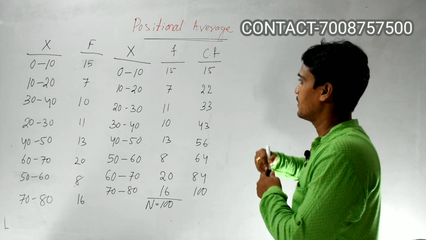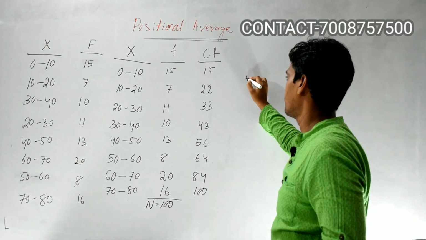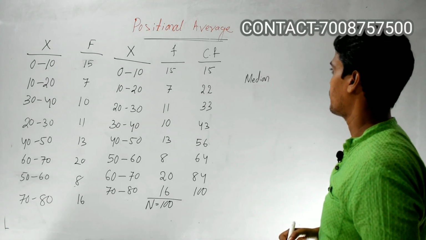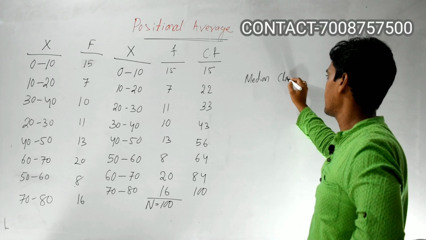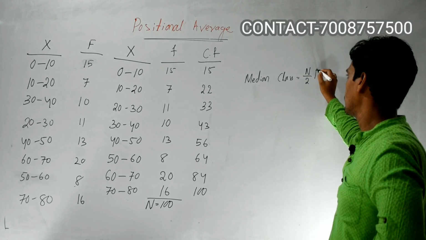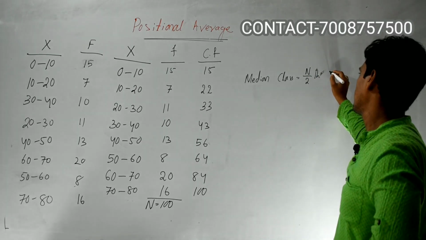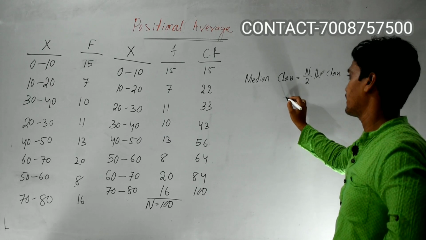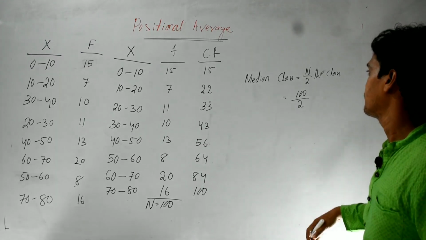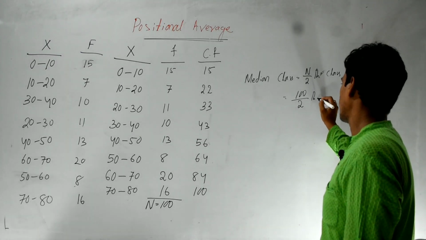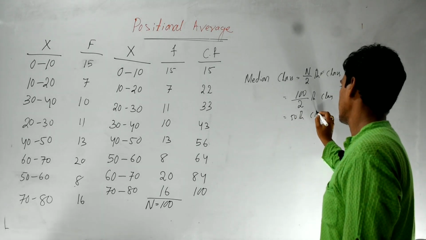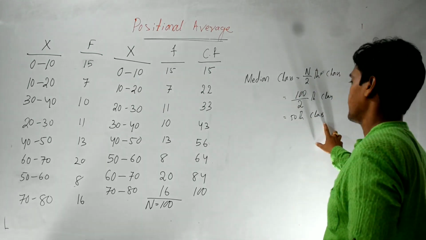If we have to calculate the median, then we should find the median class by using the rule n by 2 th class, that is 100 by 2, equals the 50th class.